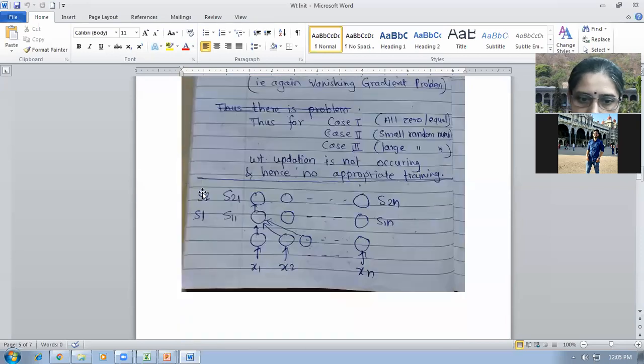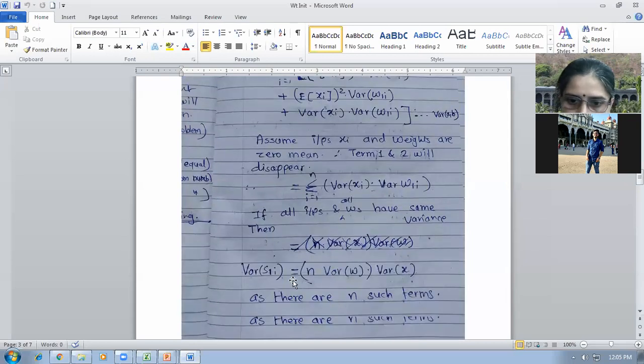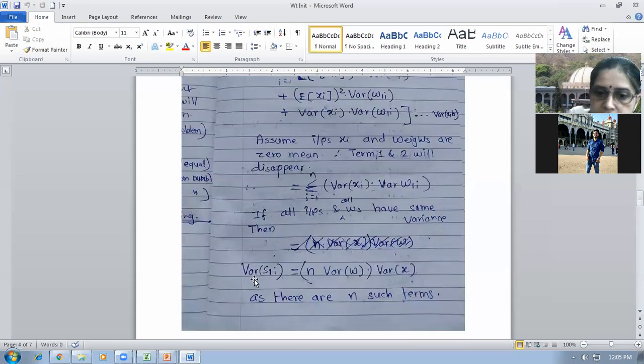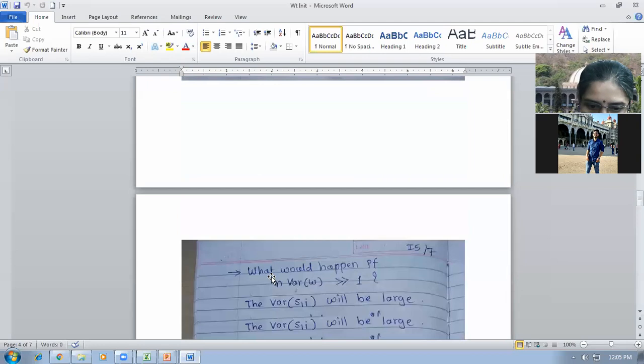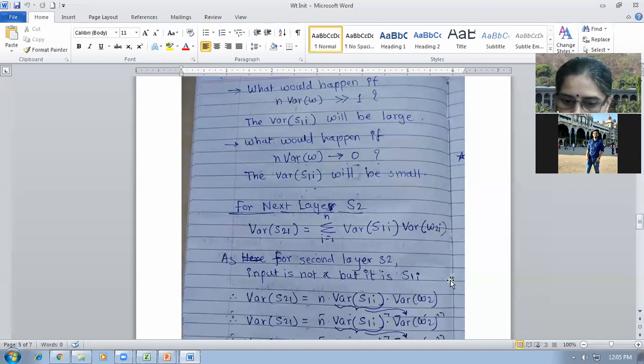Now let us consider what will happen at the next stage. This is your next layer. The output from the S1 layer will be used as input to the S2 layer. So your variance at the next layer S2 will be summation i runs from 1 to n variance S1 into variance W2.